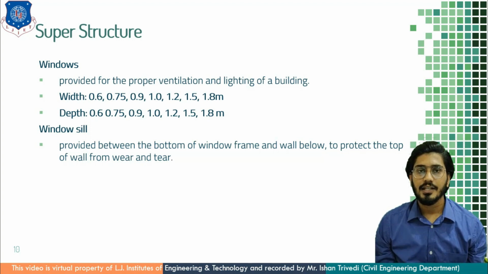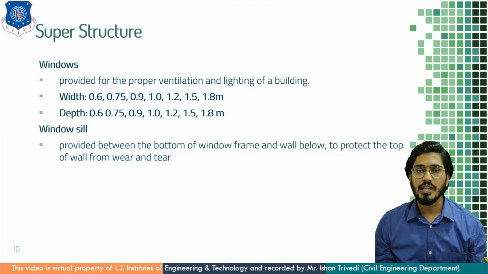As you have seen, the window is supported by a window frame, and this frame is rectangular and enclosed in all dimensions. So the bottom part of a window frame is fixed to the wall, and this frame is covered so that we can avoid wear and tear.